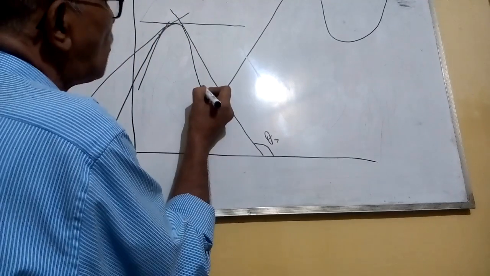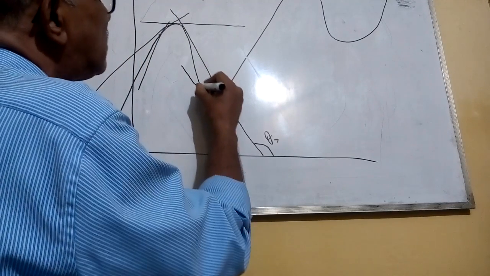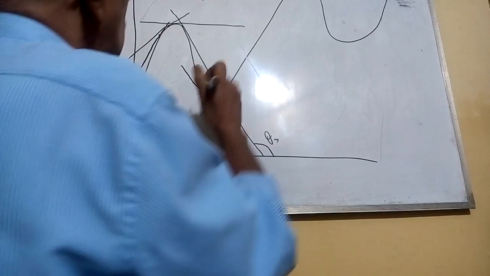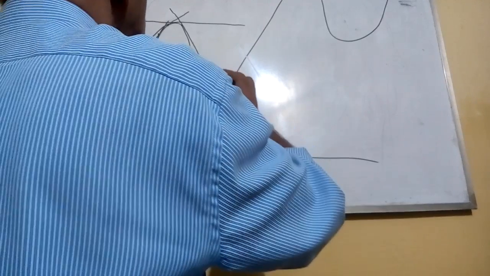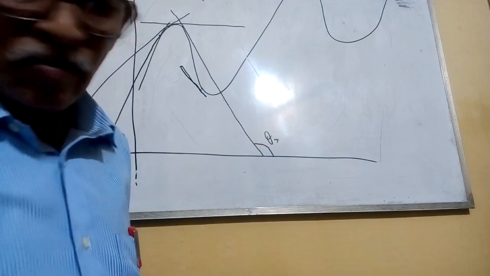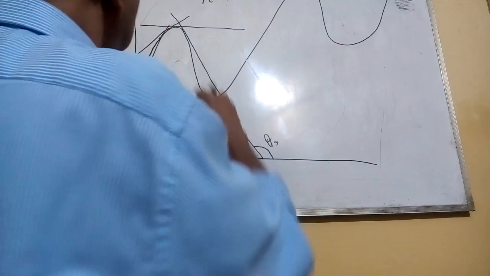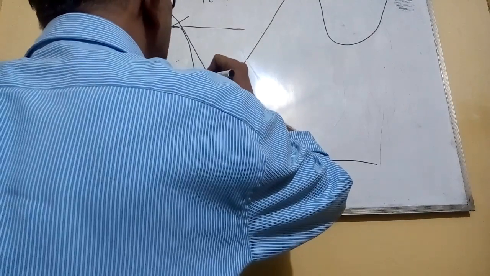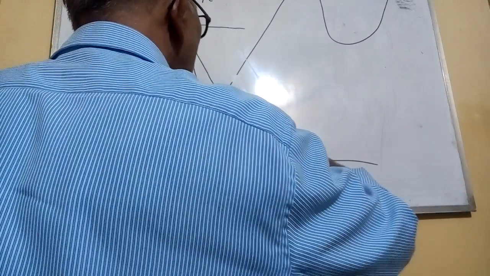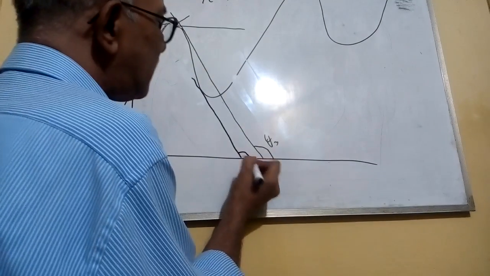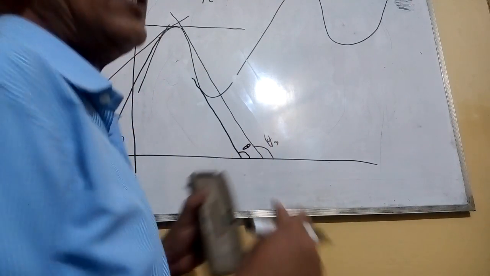Similarly, let me draw once again. Here you can see theta is an obtuse angle.